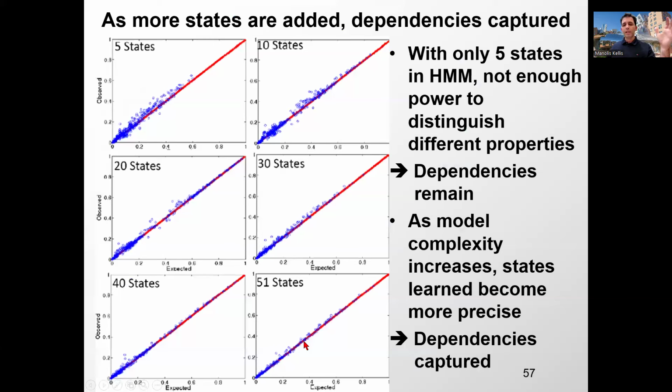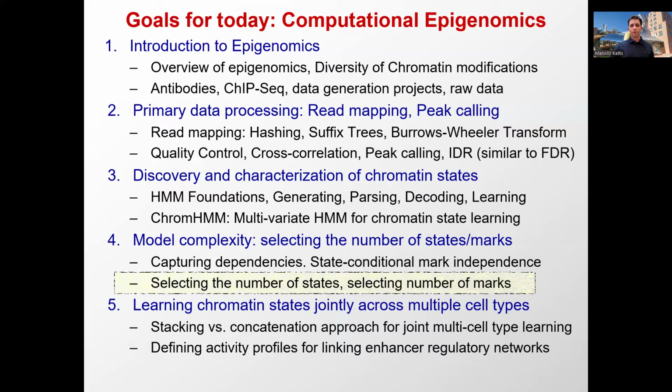With 51 states, you're more or less on the diagonal, which basically says that co-occurrence frequencies of pairs of marks within the same state is more or less as you would predict. Whereas with fewer states, you see a lot of deviation from these expectations. That suggests that maybe with 5 states, we're only capturing mark-independent effects, but with 50 states, we're also capturing the mark dependencies. Okay, so that's one way to do it.